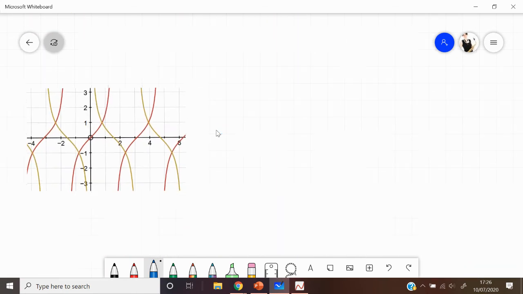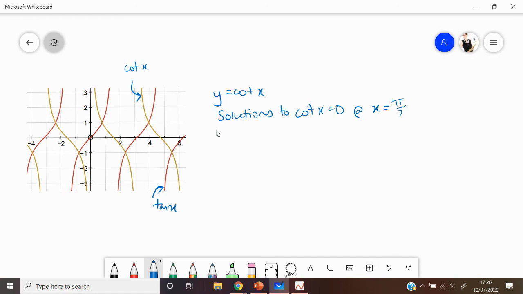Okay, so my pre-copied graph here. The red graph is tan x, and again the olive graph is cot x. So y equals cot x. We have solutions to cot x equals 0 at the places where tan of x had an asymptote, so at pi over 2 and every semi-rotation, so every n pi thereafter.